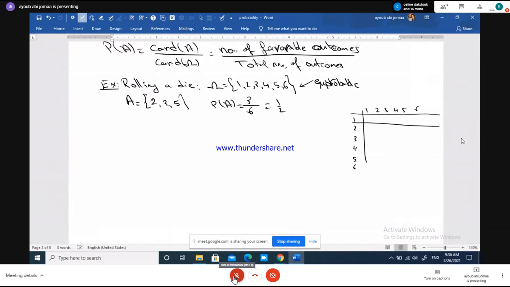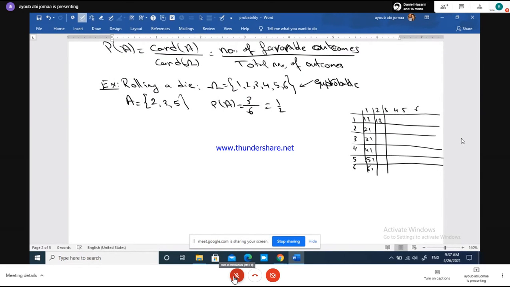What will the sample space be? The sample space is a set of ordered pairs. The first die shows 1, the second shows 1: 1 1. The first die shows 2, the second shows 1: 2 1. 3 1. 4 1. 5 1. 6 1.